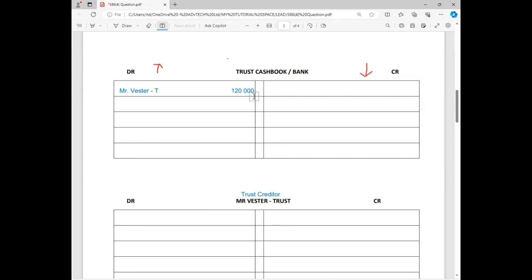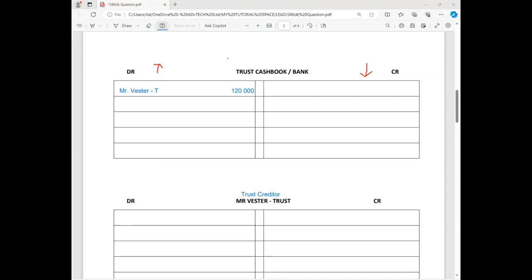This money has been received in advance from Vesta. So it is important or crucial for us to make sure that we transfer to Vesta's account. And again, we must know the rules of the accounting equation. But you can also apply what we call the double entry system, because here it comes from the debit. When it comes here, it will come to the credit. I hope it makes sense.